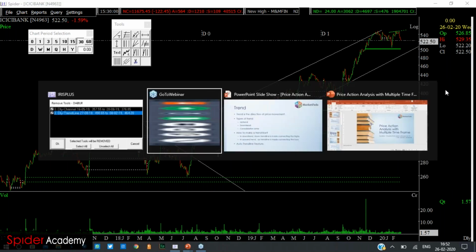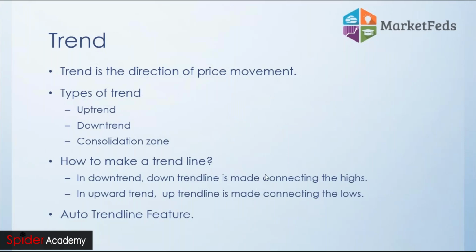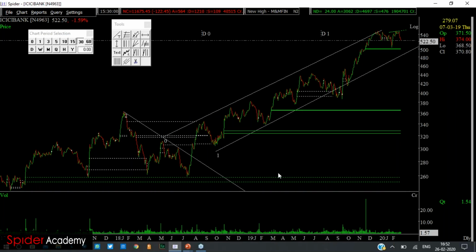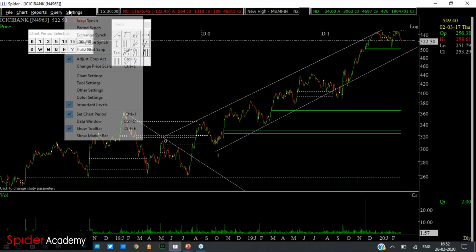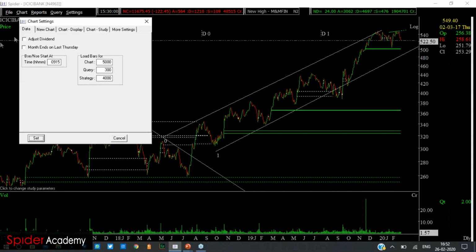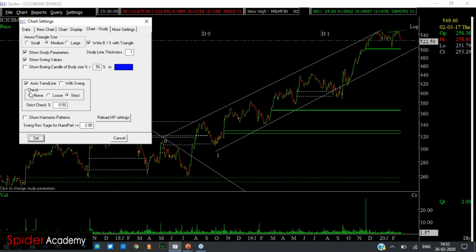Now that we understand trends and how to make valid trend lines, there is one feature of Spider which I would like to highlight here, which makes work easier for me. When you go to chart and you go to chart study, you have a feature of auto trend lines. I prefer keeping this as the setting, auto trend line, and I restrict it to 0.05 and I make it strict.